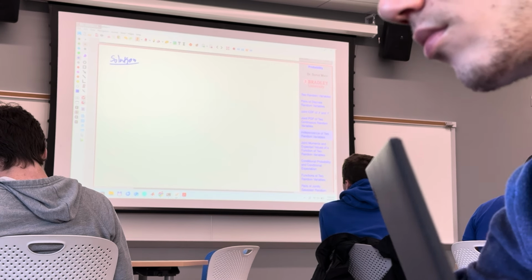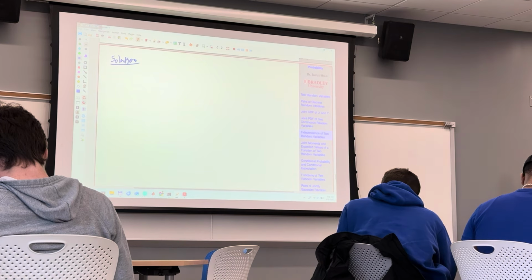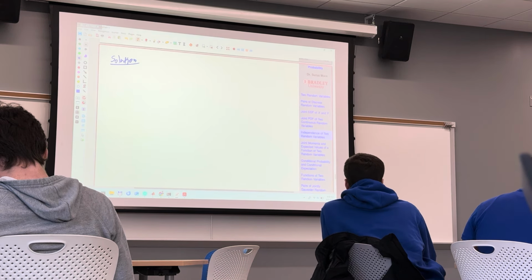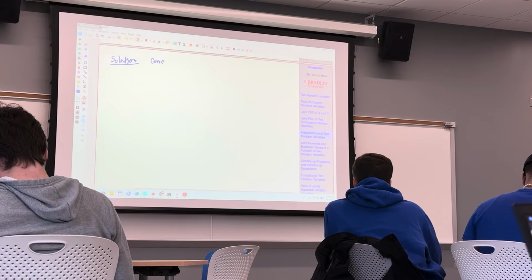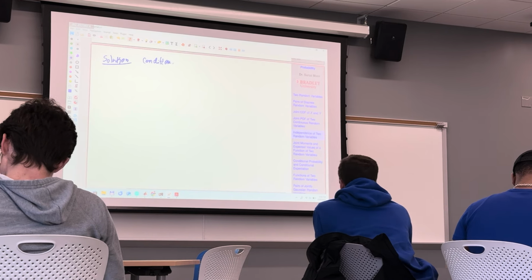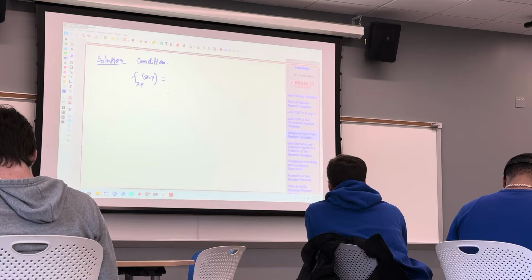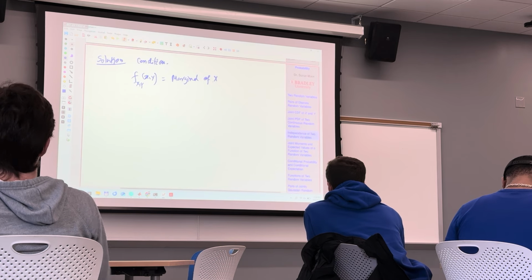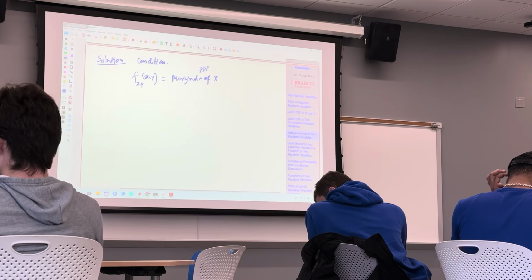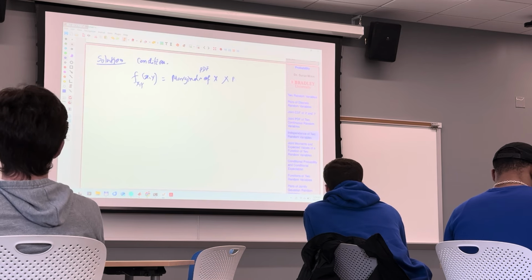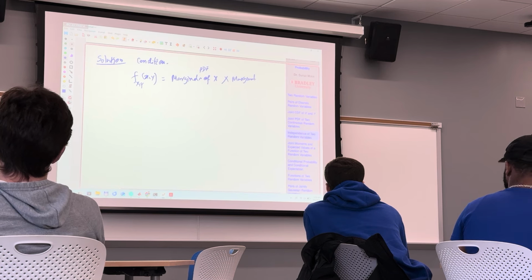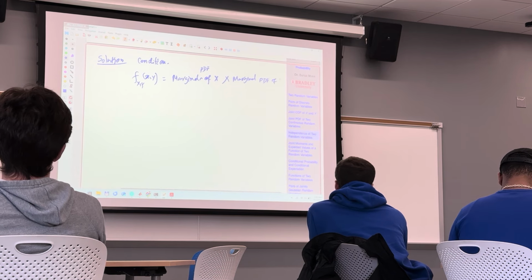Two random variables are independent given the joint PDF if and only if the condition is f sub x comma y taking value x y equals the marginal PDF of x times the marginal PDF of y.